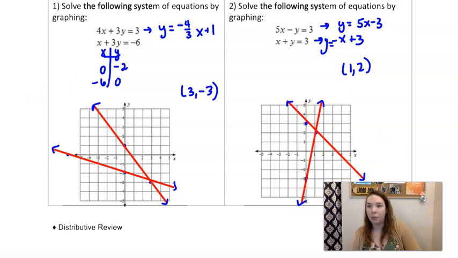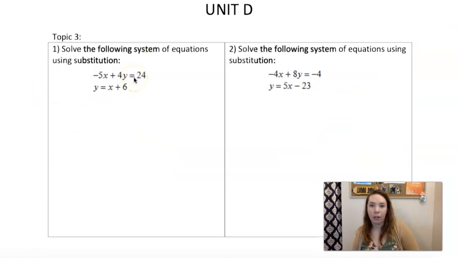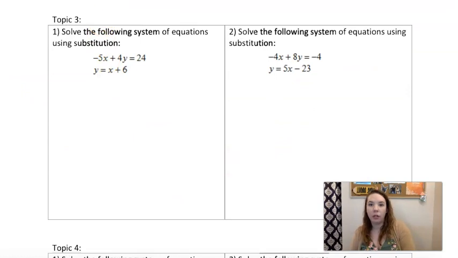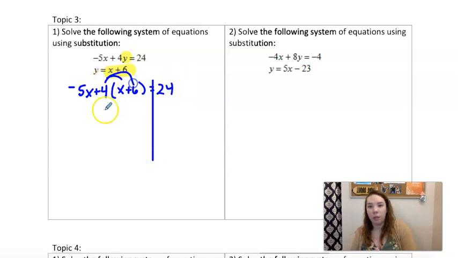All right, next page. So now we're moving on to substitution, it looks like. So substitution was a method where I can replace y with what it's equal to. So I can rewrite this to be -5x plus 4, and then in parentheses, I'll replace that y with x plus 6. And then we can distribute.